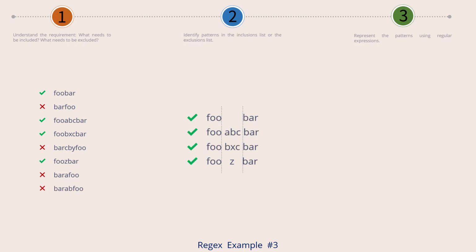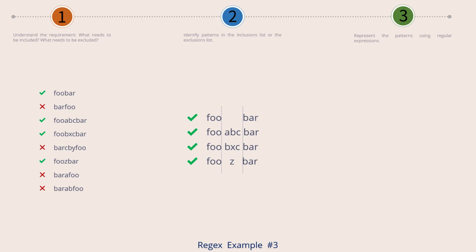We have picked the 4 green ones alone and written them out in a separate list here. We have a pair of imaginary dotted line vertical separators which divide each string into 3 different sections. The first section is fixed. It's foo for all strings.